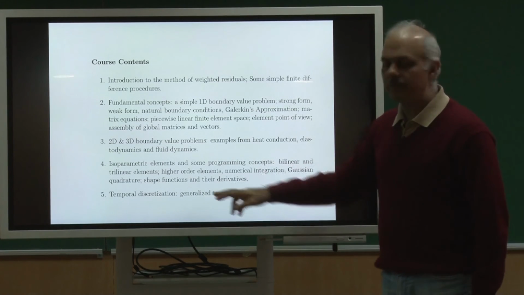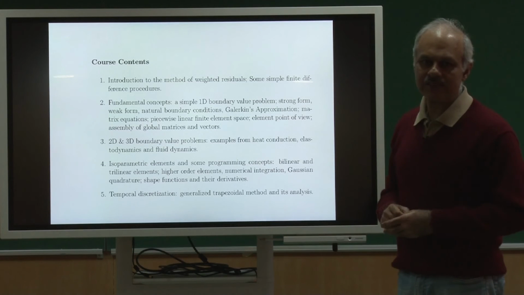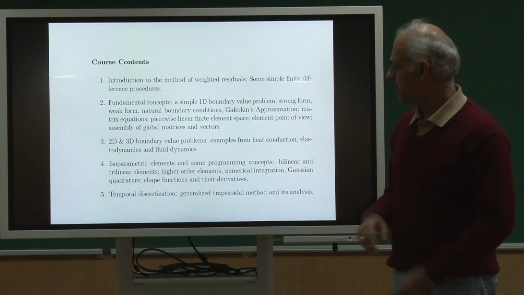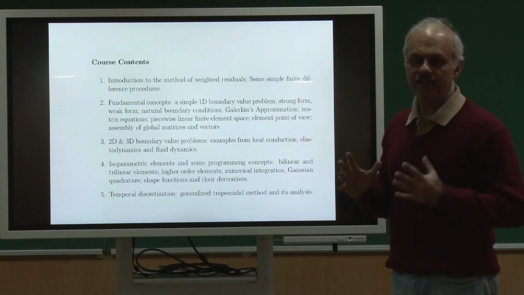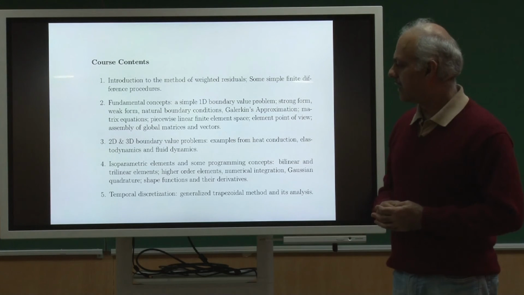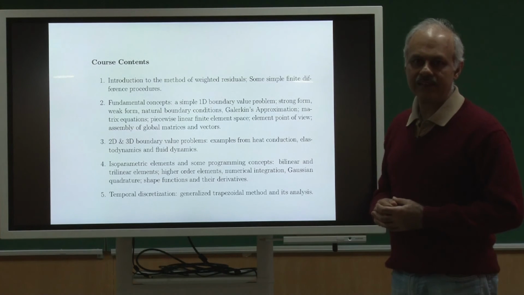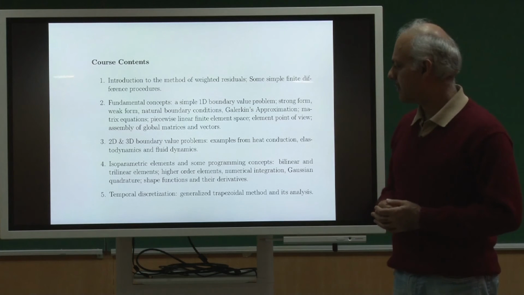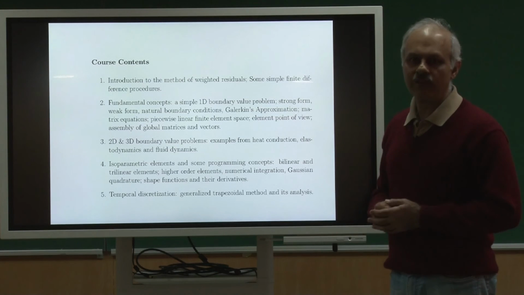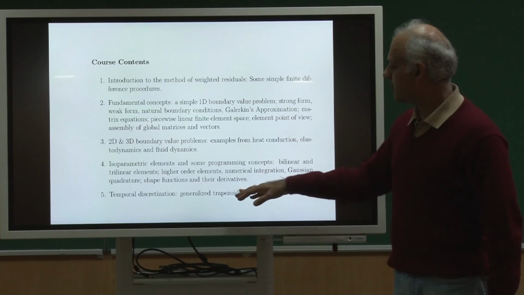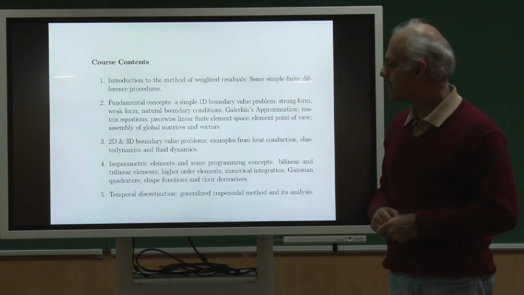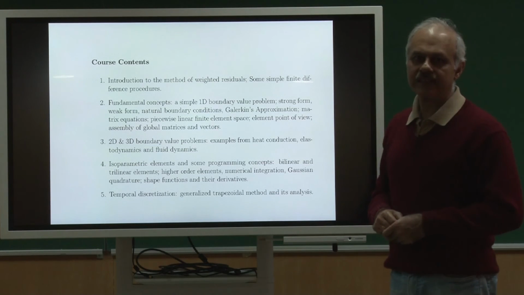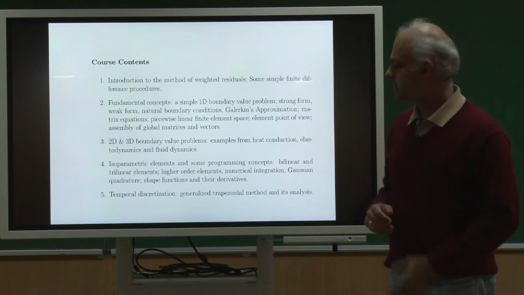So, we will look at one method. There are of course many methods to look at the time dependence, but I will show you one, the generalized trapezoidal method. It is a family of methods, and it has some free parameters like a quantity called alpha, and we will see that for different values of alpha, the trapezoidal method could give you different levels of accuracy, but it also has implications on the stability of the method, the stability of the error.